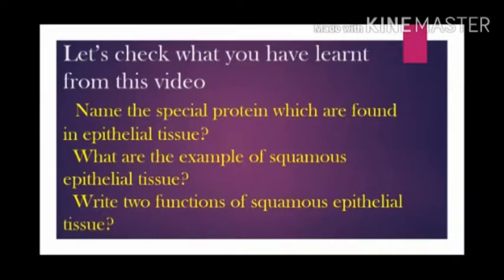Here again I have some questions for you, and the first question is, name the special protein which is found in epithelial tissue. The second question is, what are the examples of squamous epithelial tissue? And the last question is, write 2 functions of squamous epithelial tissue.